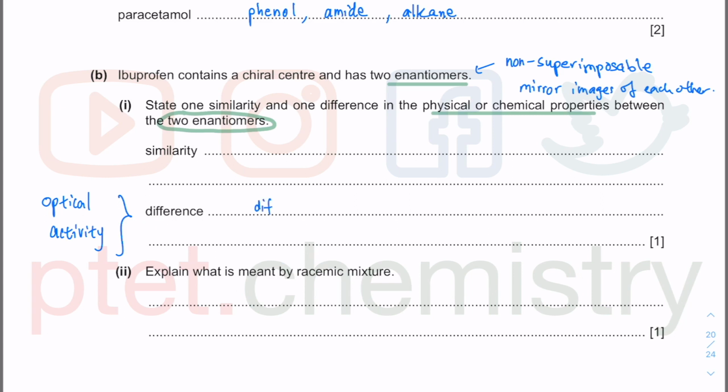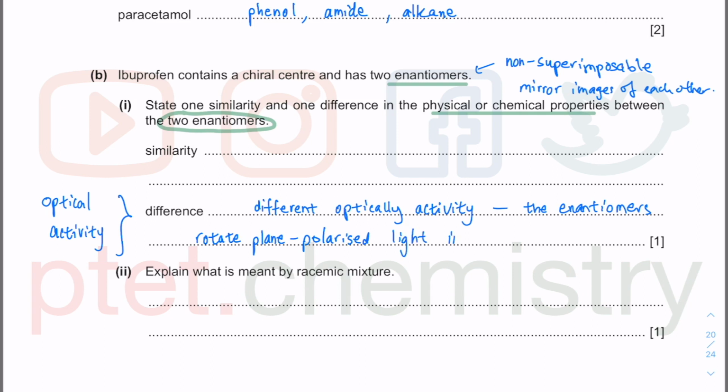They are optically active, but how are they different? These enantiomers, the mirror images of each other, will rotate plane polarized light, and these are rotated in opposite directions.